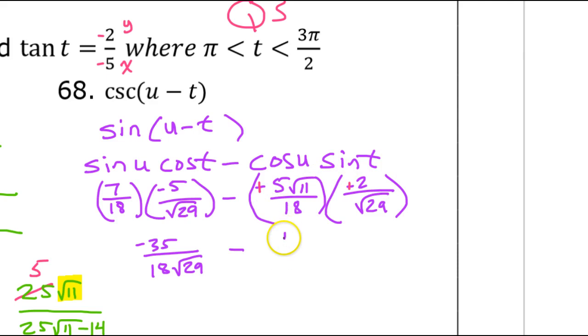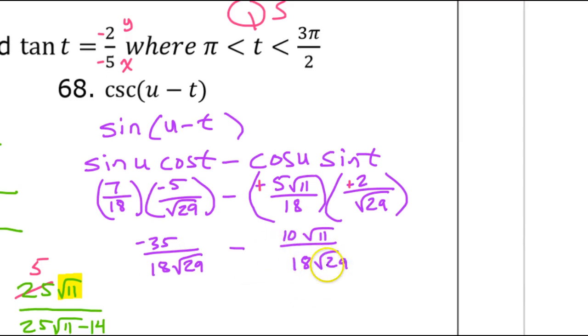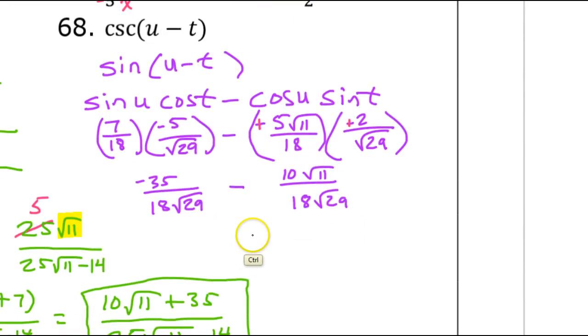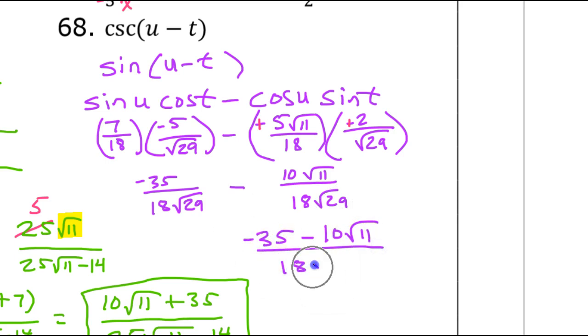And this numerator is going to make 10 radical 11 over 18 radical 29. So luckily we already have like denominators, so we can go ahead and put these together as negative 35 minus 10 radical 11 over 18 radical 29.